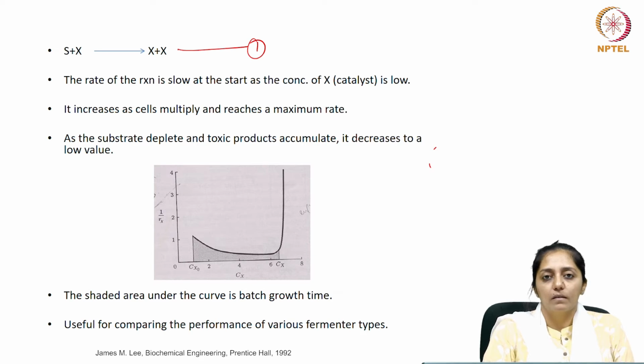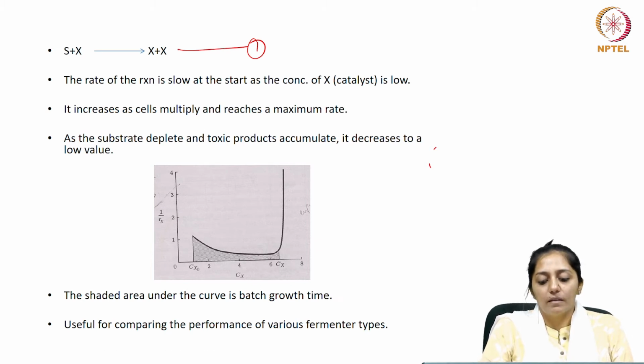S is combining with the biomass, which means the biomass is consuming the substrate and producing more biomass. So the rate of reaction is slow at the start. As the concentration of X, which is the catalyst here, keeps on increasing, the rate of reaction also keeps on improving, until it reaches the maximum rate.